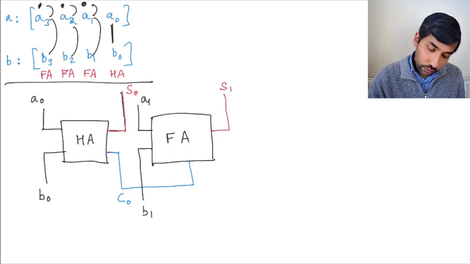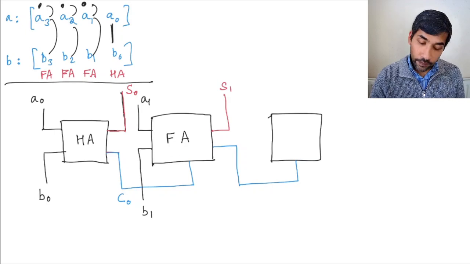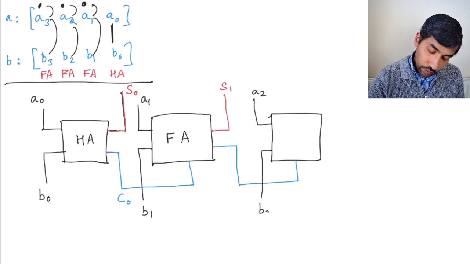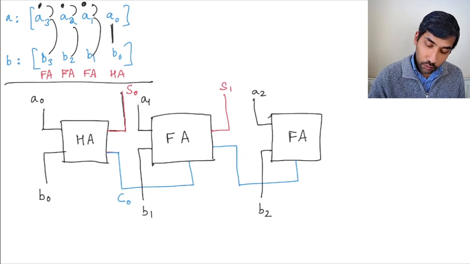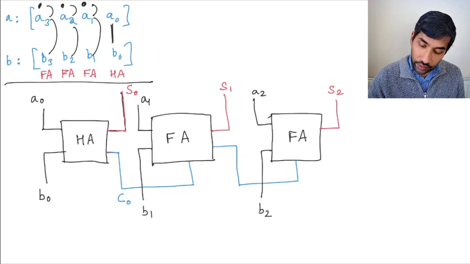Then you use another full adder here, and the carry, C1, goes to this, right? And then you give here A2, B2.